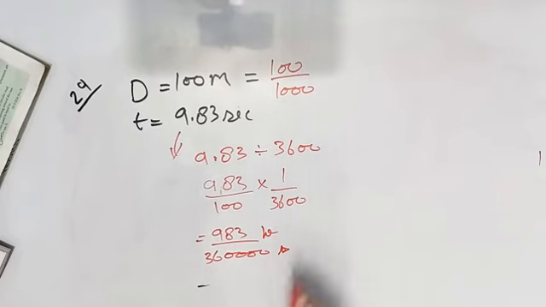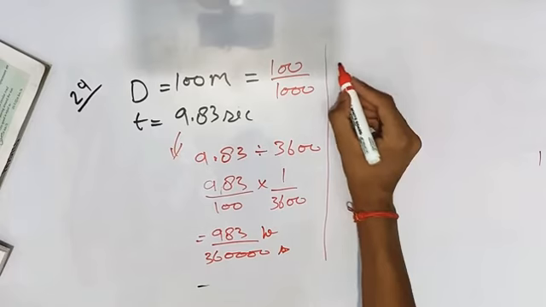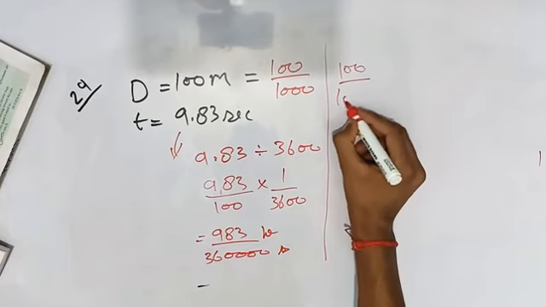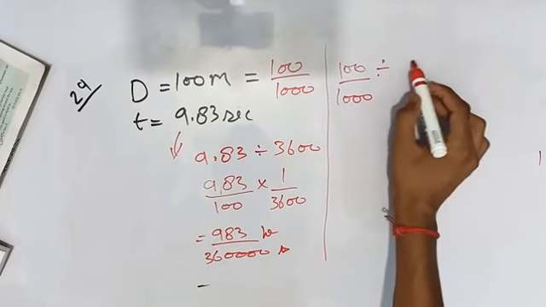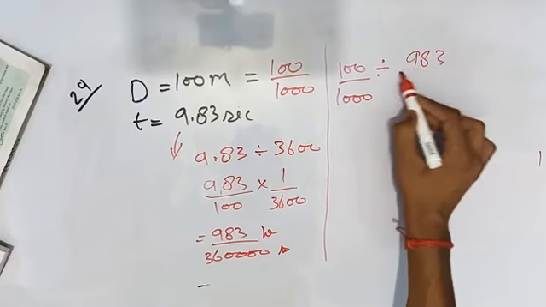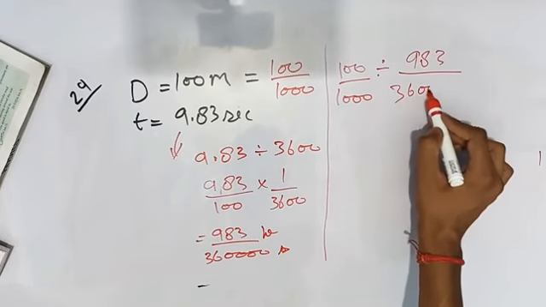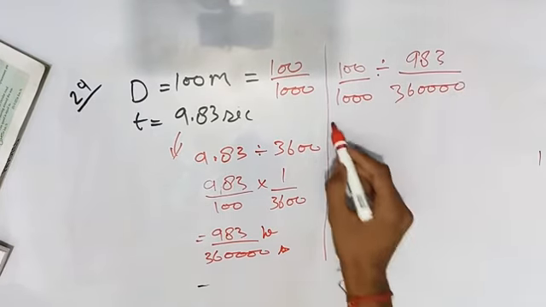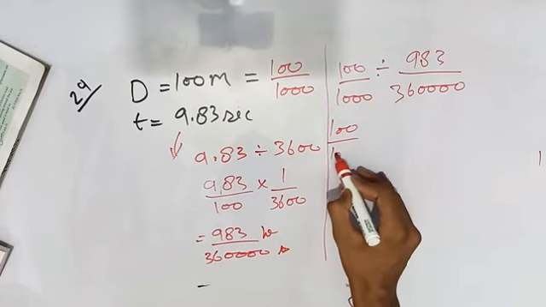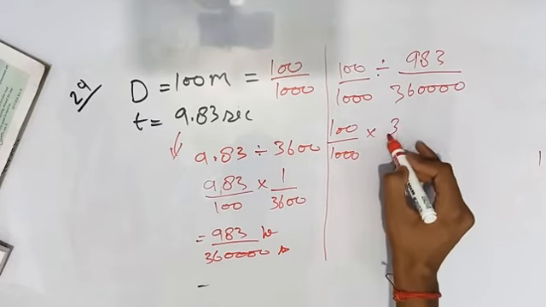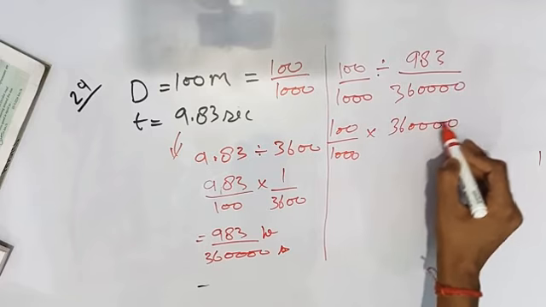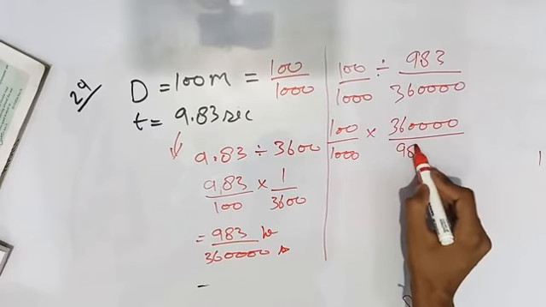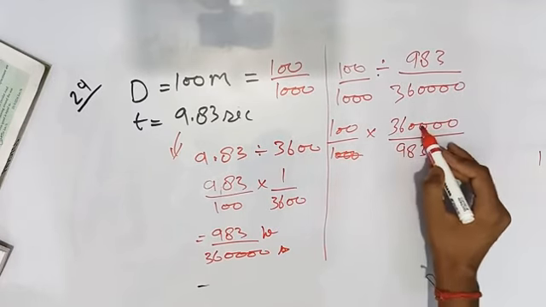Now we solve the question. The speed formula is distance upon time. So we take 100 upon 1000 divided by 983 upon 36000. That is 100 upon 1000 multiplied by 36000 upon 983. The zeros cancel from here.